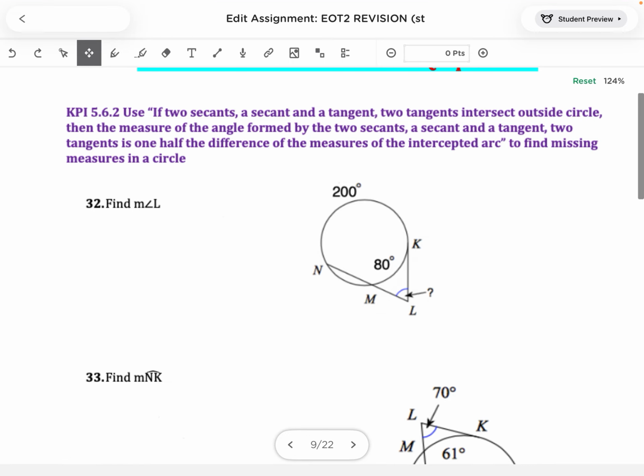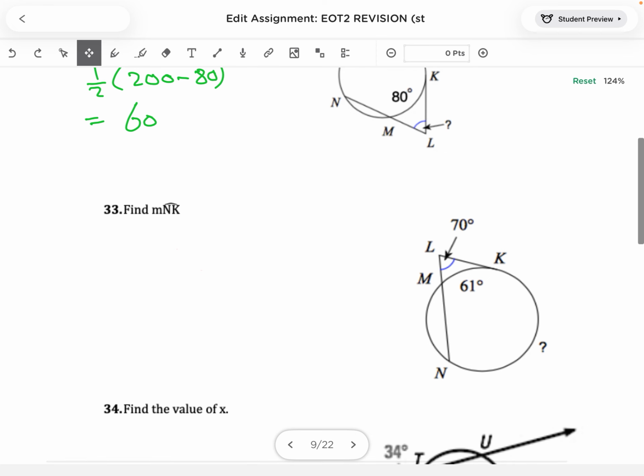This tangent is outside the circle. So the measure of the angle is half the difference: 200 minus 80. Calculator will be 60 degrees. Same story here, they need the big arc.